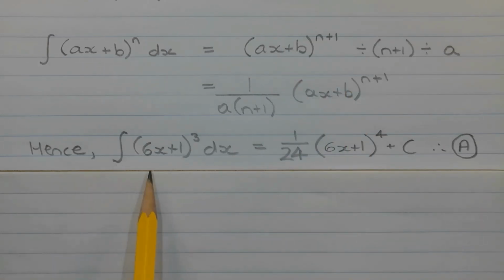Hence, the integral of 6x plus 1 in brackets to the power of 3 dx is equal to 1 over 24. So we're dividing by 4 and then dividing by 6, which is the same as dividing by 24, or multiplying by 1 over 24 times 6x plus 1 in brackets to the power of 4 plus the constant of integration c. Therefore, the correct answer is option A.